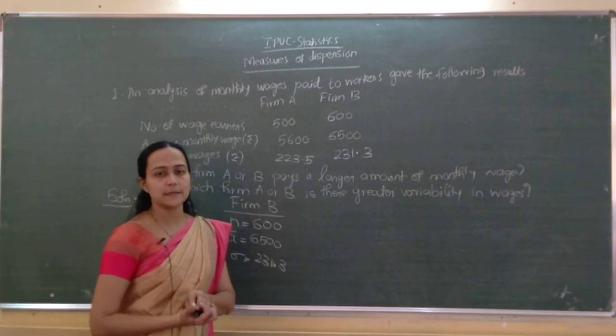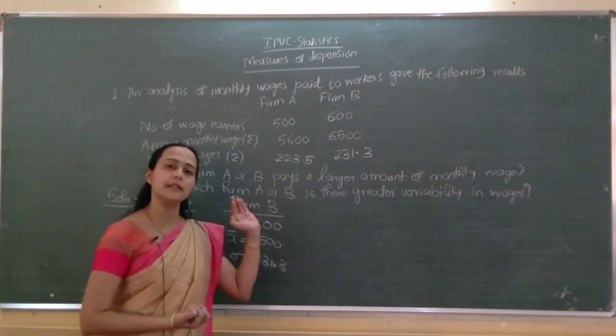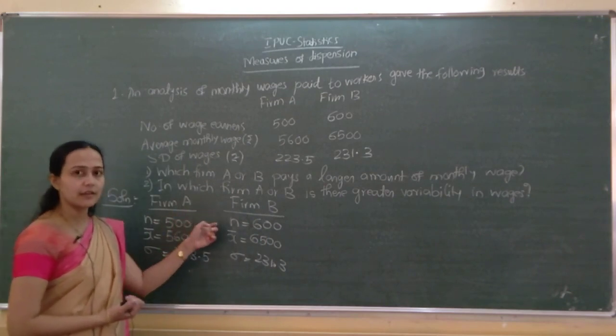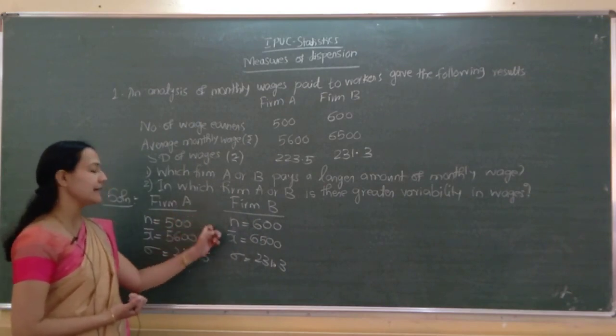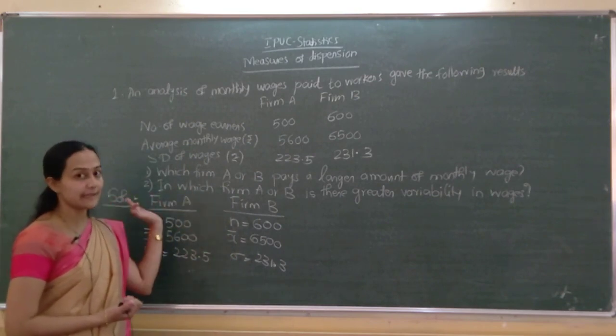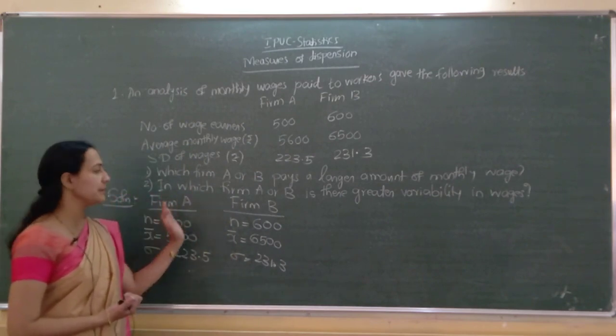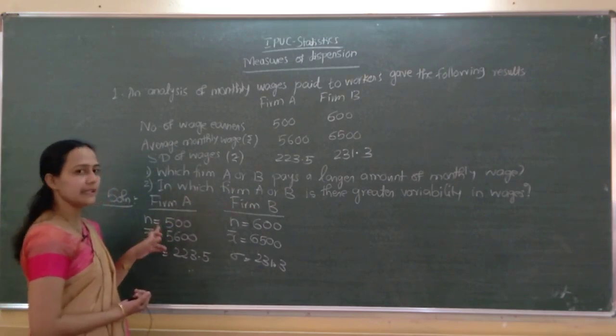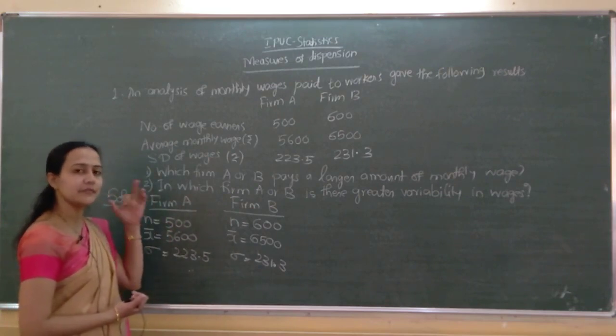Clear, this much? What all is given we wrote. I didn't mention separate notation. I gave the same notations for both, but just remember that they are of different firms, firm A and firm B. So I didn't write n1, x1 bar, as it would be a bit difficult to remember.